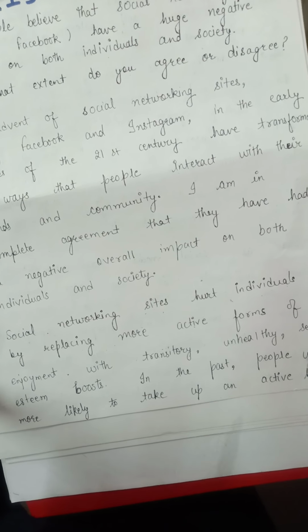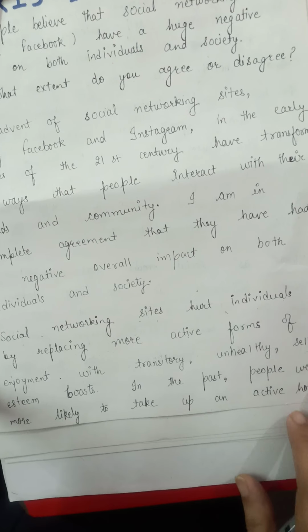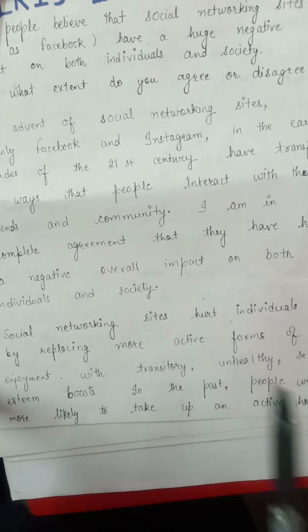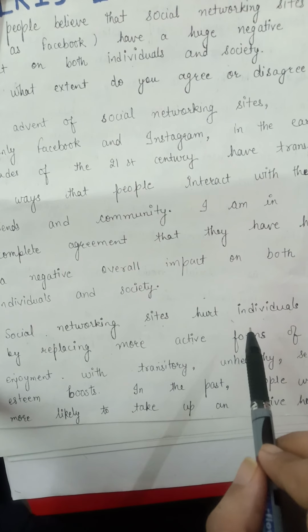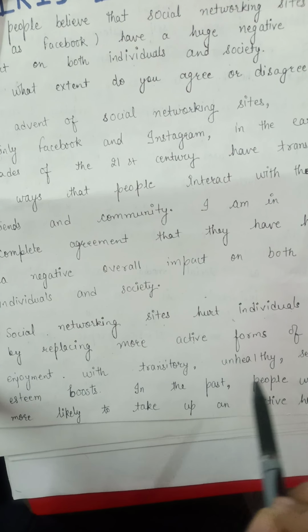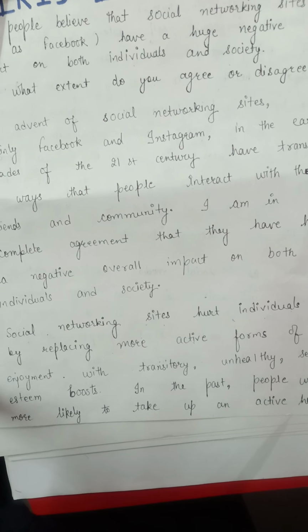I am developing the ideas by talking about the past. By talking about the past, you can also do the same. First, write the main idea, this individual thing. After that, go to the past, talk about what people used to do in the past.